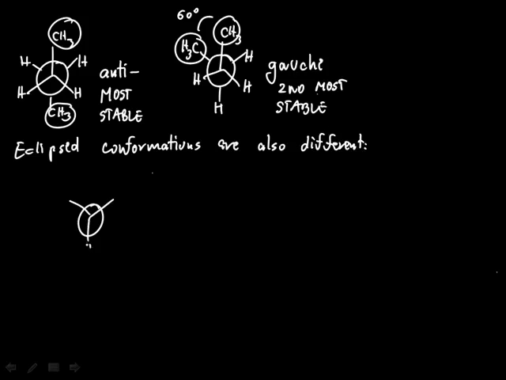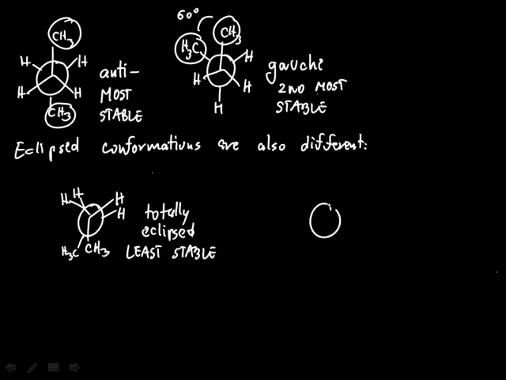So this would be the so-called totally eclipsed, which is the least stable, because two methyl groups are eclipsing each other. As we've seen before in the case of propane, having a methyl group eclipsing a hydrogen is actually not so bad, not as bad as you would think. So this would be just a normal eclipse, which is second least stable.